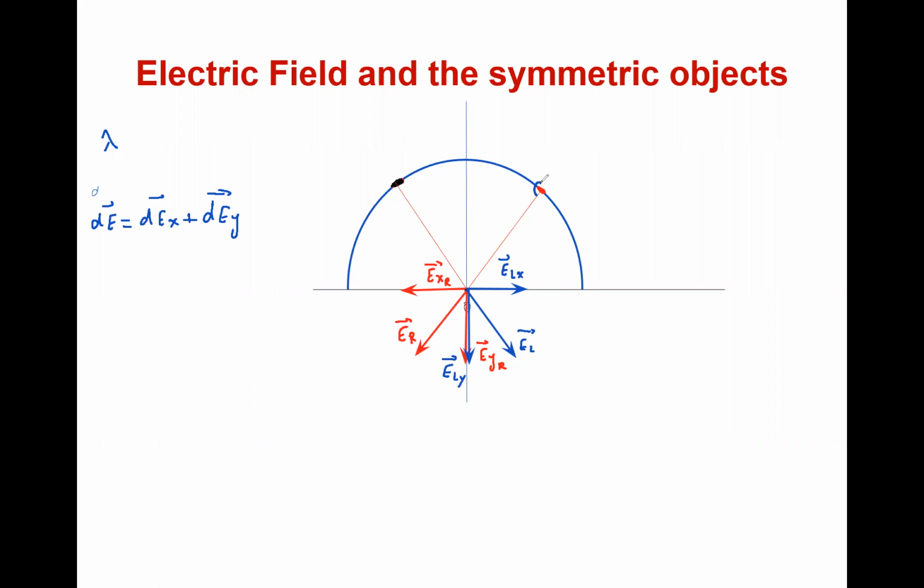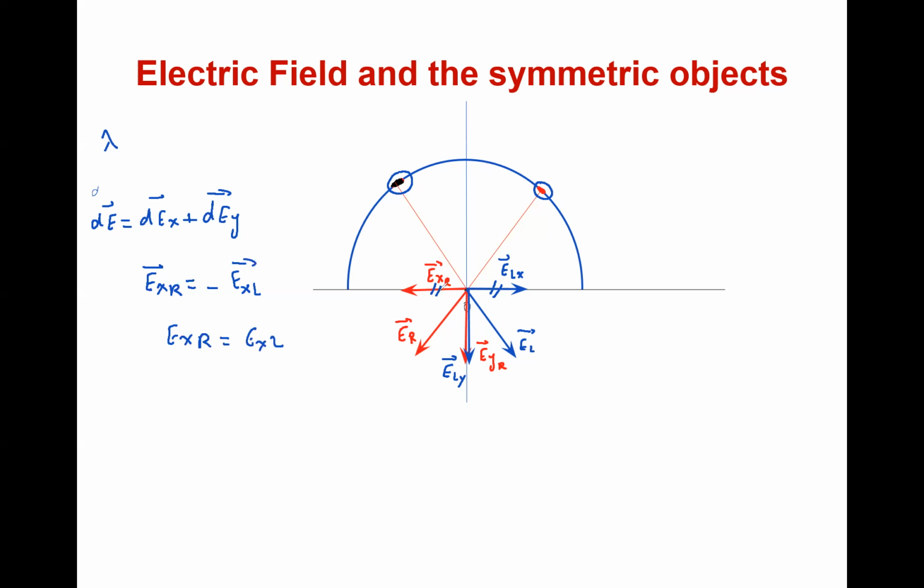This quantity of charge is equal to this quantity of charge, with the same orientation. So ELX and ERX have the same magnitude, but they are in opposite directions. So we can say EXR equals minus EXL, but as magnitude EXR equals EXL.